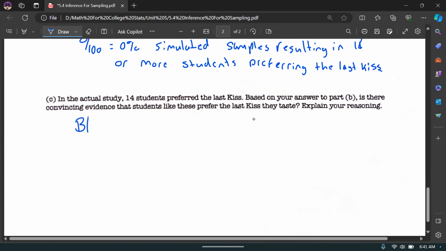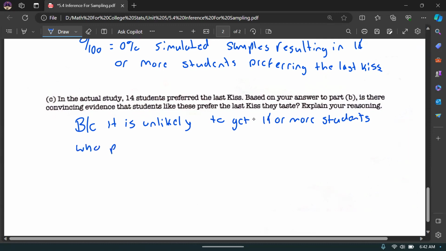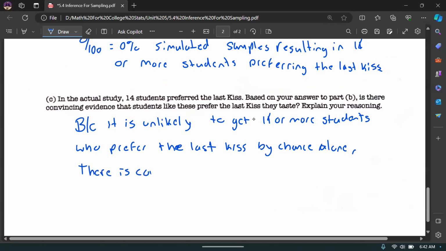Because it is unlikely to get 14 or more students who prefer the last kiss by chance, there is convincing evidence that students like these prefer the last thing they taste.